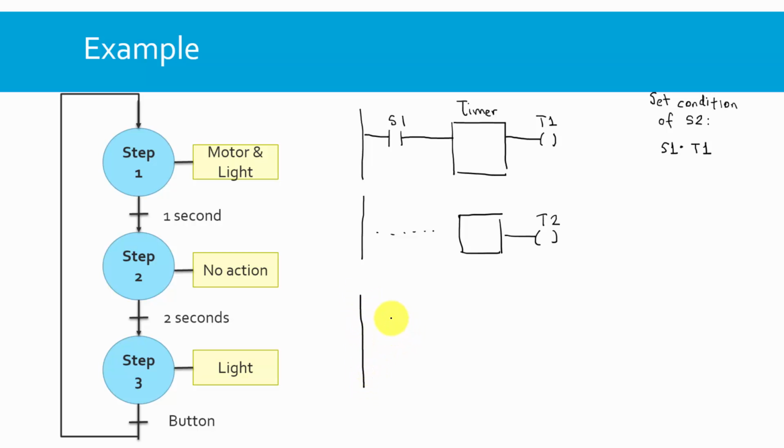For the actions, if you see we have 2 different actions. Or you can say that we have 3, but in step 2, I don't want to do anything. So we will focus on the outputs, which are 2. So you need to program 1 line of code for the motor and 1 line of code for the light. For the motor, notice in which steps you turn on the motor, which is in step 1.